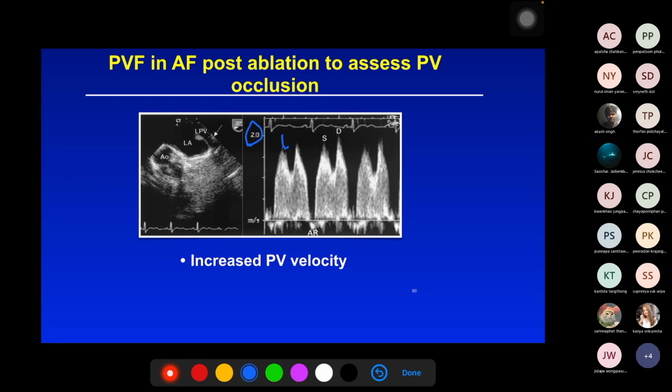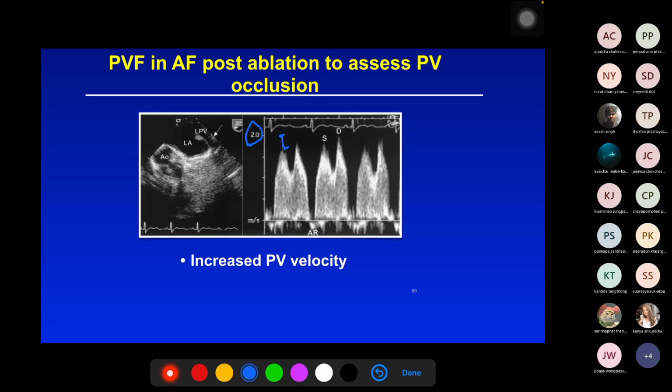The velocity is close to 2 meters per second. It's an abnormal number. The normal number is about 40 to 60 centimeters per second. If the velocity is increased, this patient should be suspected for pulmonic vein stenosis post-AF ablation.